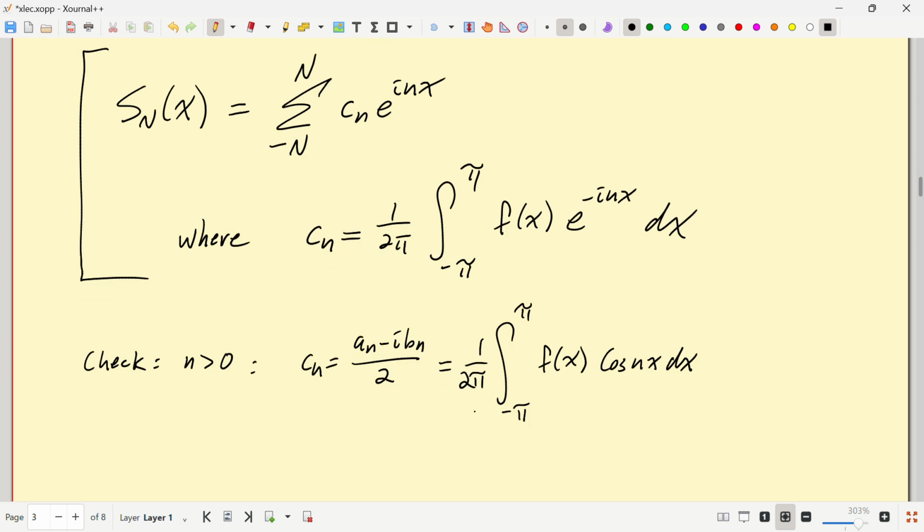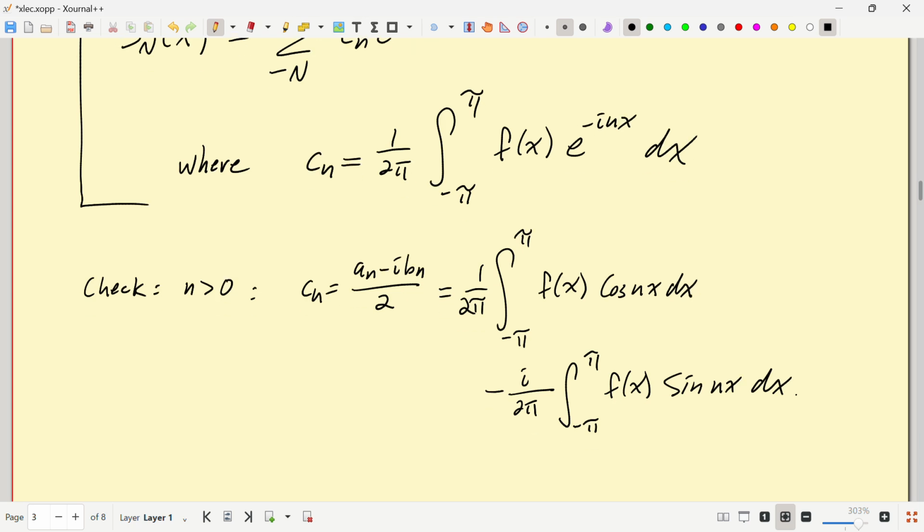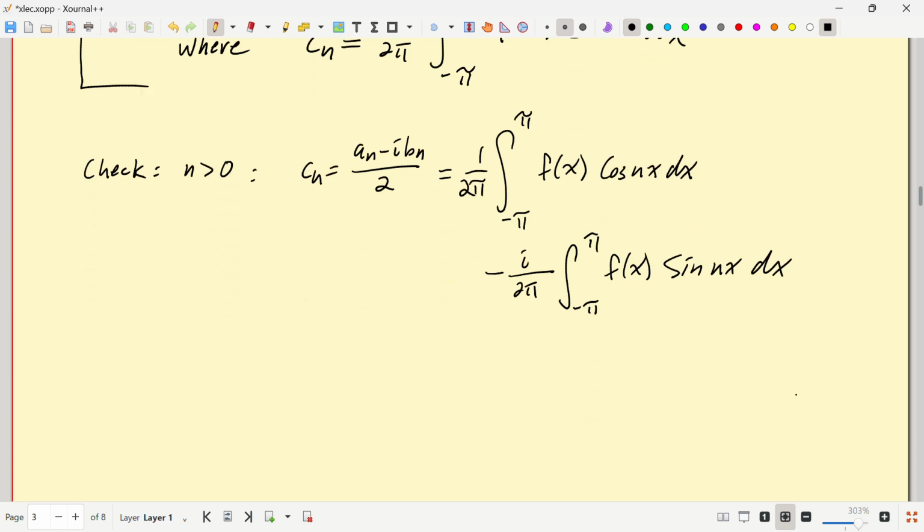And then I would have the minus i part. That would be minus i over 2 pi, integral from minus pi to pi of f of x sine nx. And sure enough, cosine minus i sine is e to the minus inx.